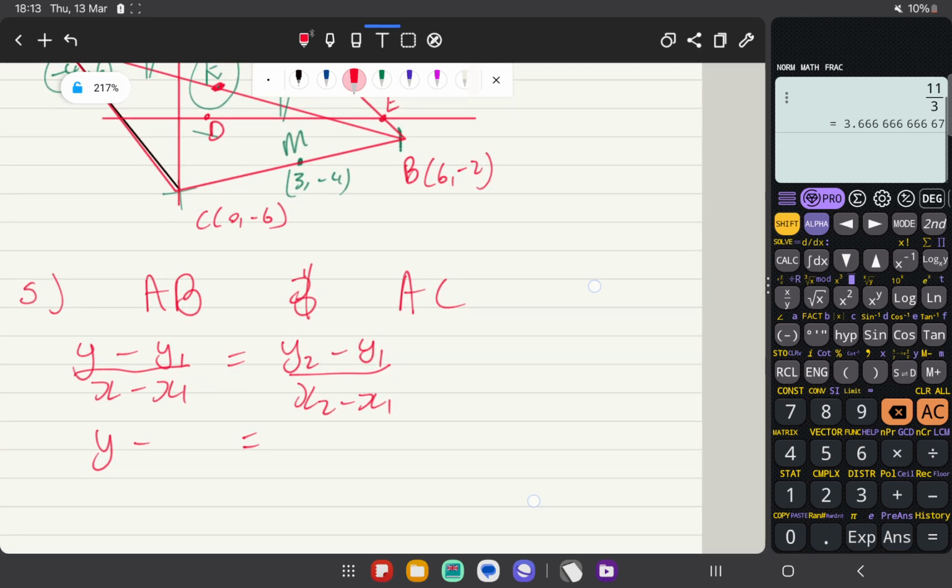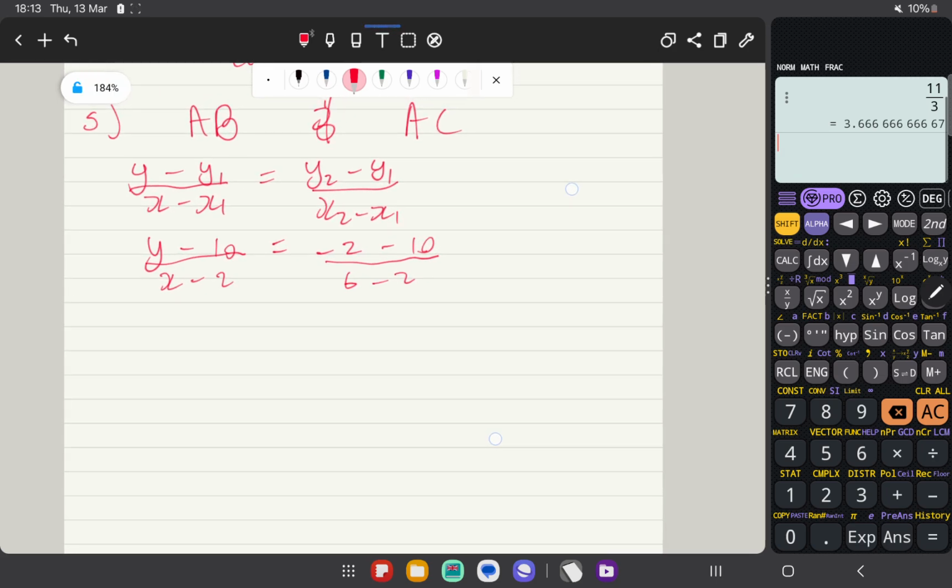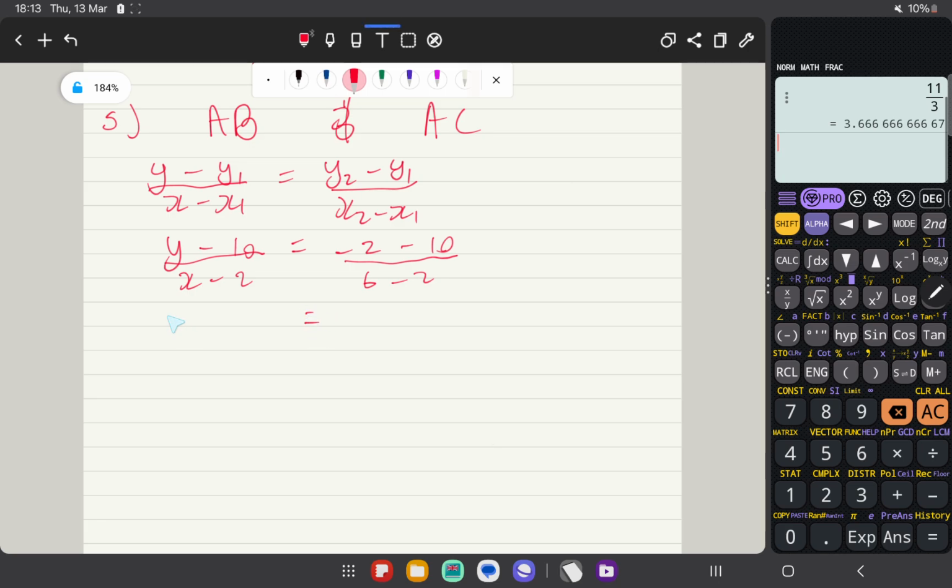Okay, so I substitute point A, which is my point 1, that is y minus 10 over x minus 2. Then here I have minus 2 minus 10 over 6 minus 2. Continue with the math: minus 12 over 4 is minus 3, so y minus 10 over x minus 2 equals minus 3.